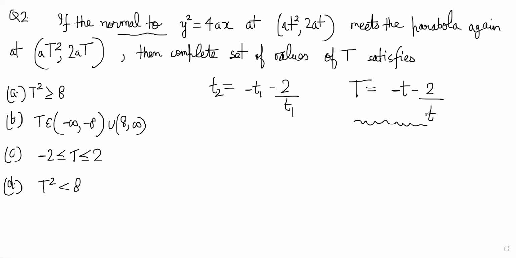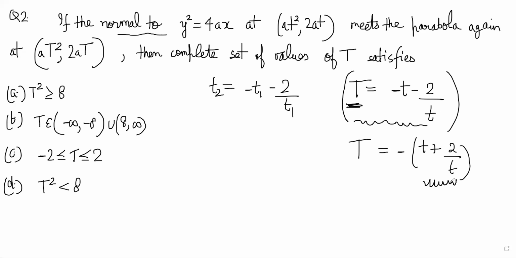Now from here, can we figure out the range of possible values of capital T? You can say that it is minus of (t plus 2 by t). And on t plus 2 by t, what can you say about its values?